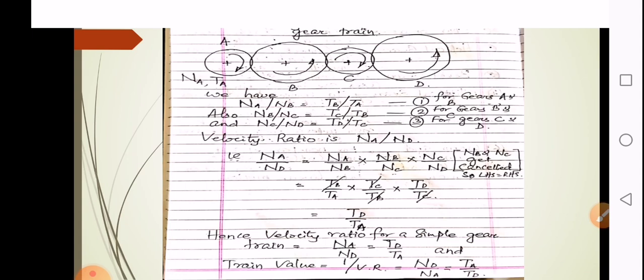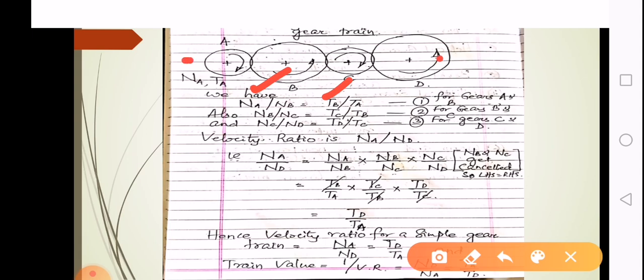So the only reason why these intermediate gears are used is for changing the direction between the driver and the driven. That means in this case the driver is rotating in the clockwise direction and the driven is rotating in the anti-clockwise direction.